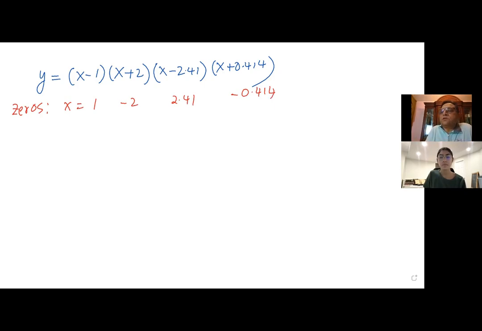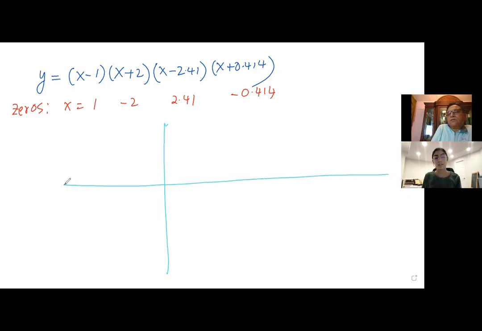So these 4 zeros divide our plane into 5 regions, right? Yes. So first we'll sketch the graph. Actually, I like to do both things together just to show you, because the second part is the inequality, just to save time. So let's mark the zeros. All are linear zeros, right? Yes. So the graph will cross like a line. So we have 1 at 1 and the maximum is at about 2.4. So let me take the scale.